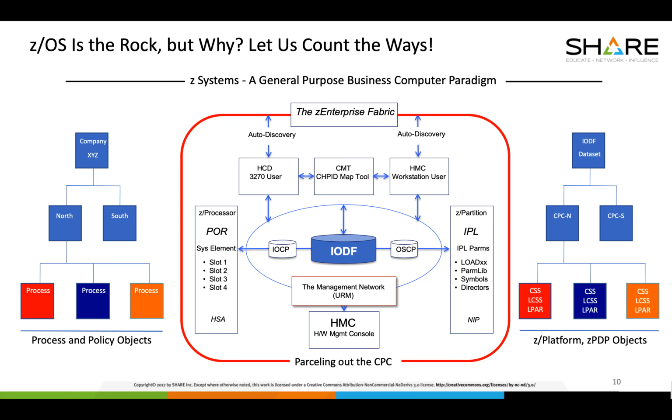You're going to have divisions within your organization. Those divisions are going to need computing resources. In this case, our company XYZ is broken down into two divisions, north and south. And when we look at the IODF, we will likely find within it provisioning that makes certain that the components of the central processor and the central processing complex would be divided in a way that matches the needs of each of those divisions.